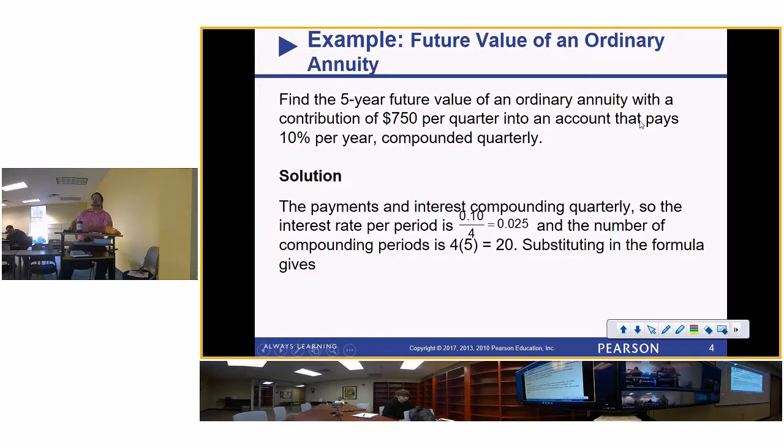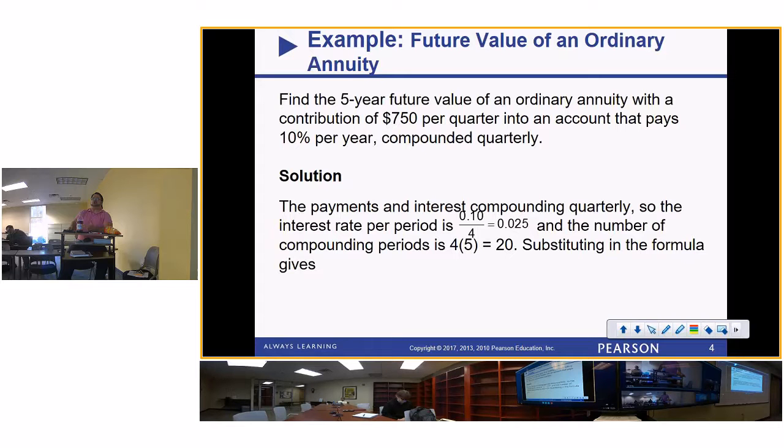Into an account that pays 10% per year. Okay? 10% per year. And for the payments and interest, what I told you before, I is equal to R over N. I guess they're trying to make it easier for you. So go ahead and put that in. I is equal to R over N.